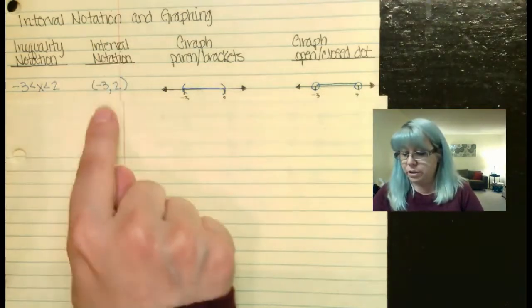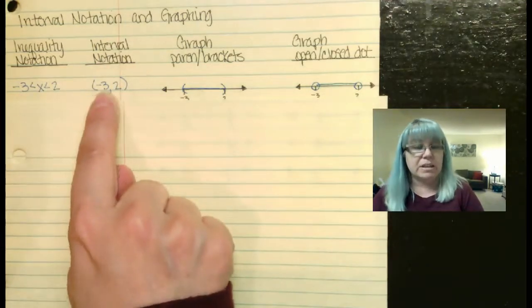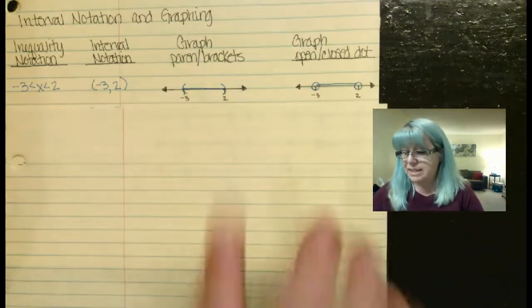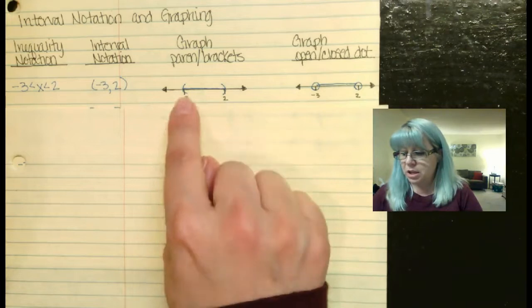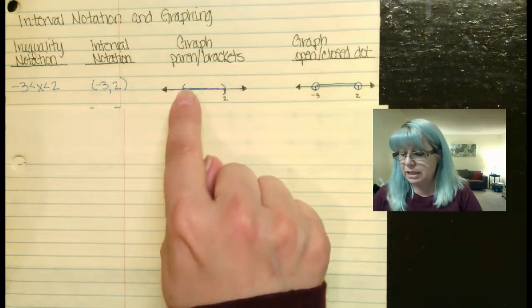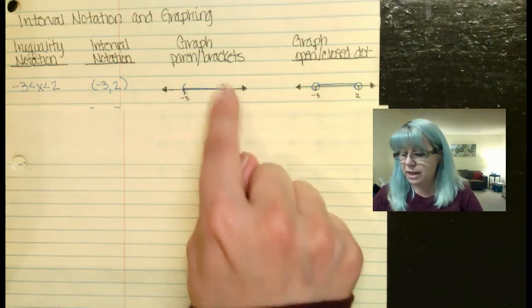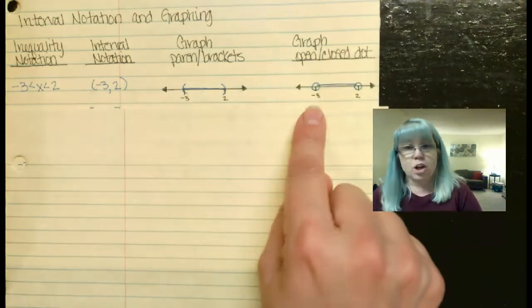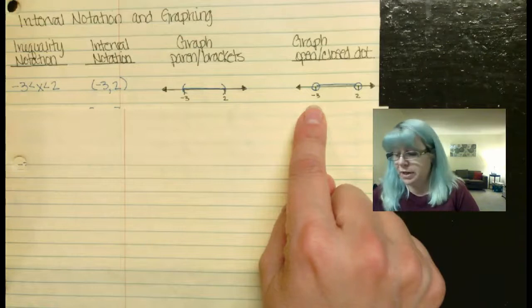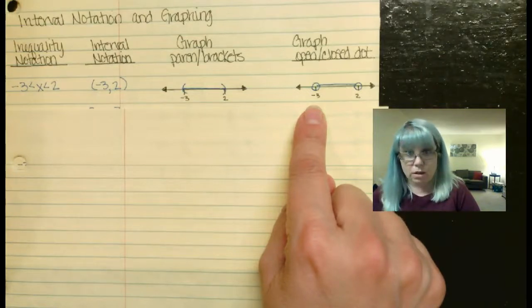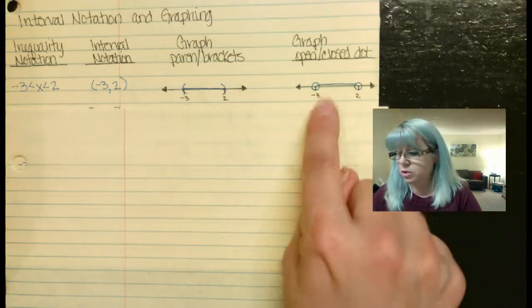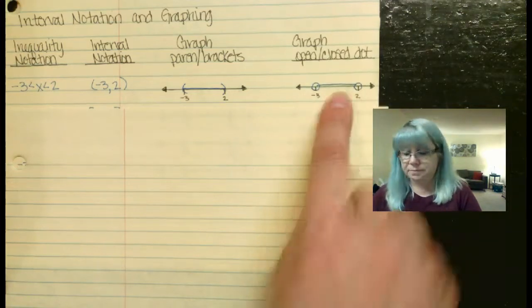So in interval notation, it's going to be parenthesis, -3, 2, parenthesis. Graphing is very similar. So it's going to be a parenthesis at -3, a line all the way to 2, and a closed parenthesis. In an open closed dot situation, since I don't have equality, it's going to be an open dot on -3, an open dot on 2, and then everything in between.